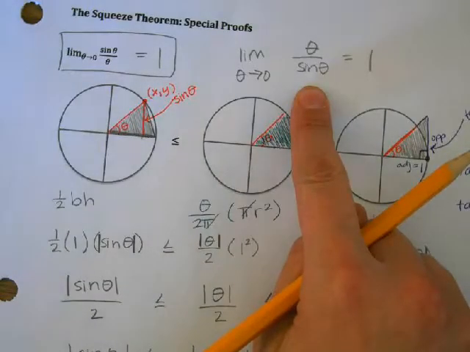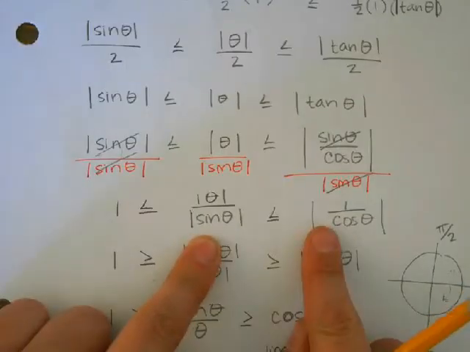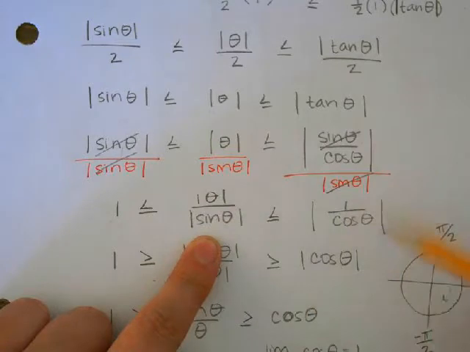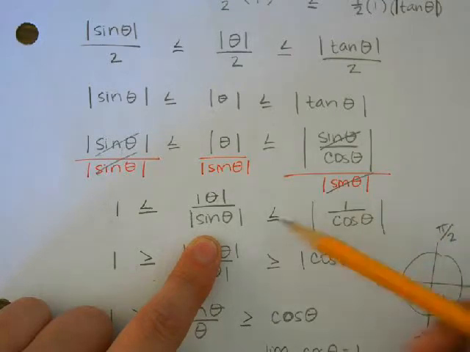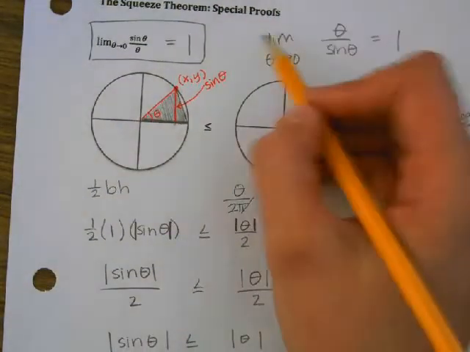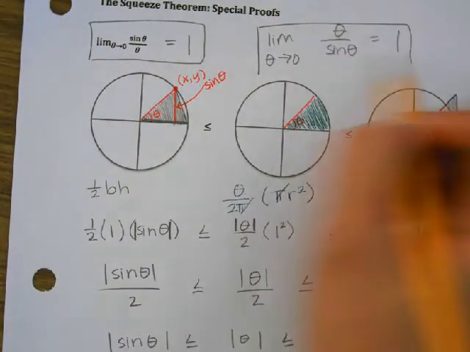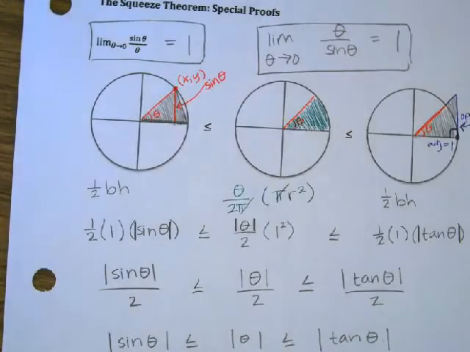It's the same thing. So you would have theta over sine theta, and if I plug in 0 right here for cos theta, I'm still going to get 1 from that fraction. So it's the same proof, it's just earlier up in the proof. Okay? So both of these limits equal 1, and that's going to be a key that we're going to use later on.